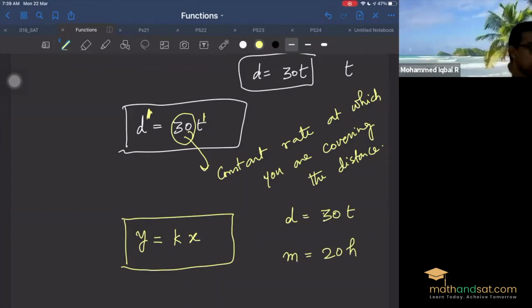So in general, a direct relationship, or what we call a direct proportionality or direct variation, will be in the form y is equal to k times x. Is that clear?